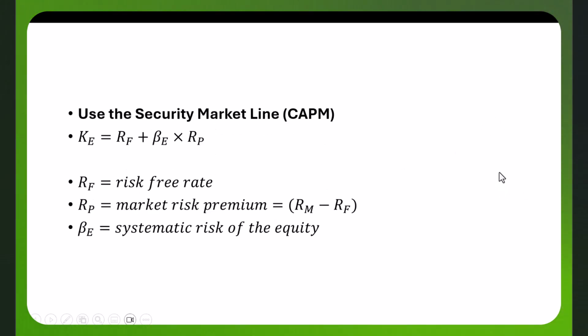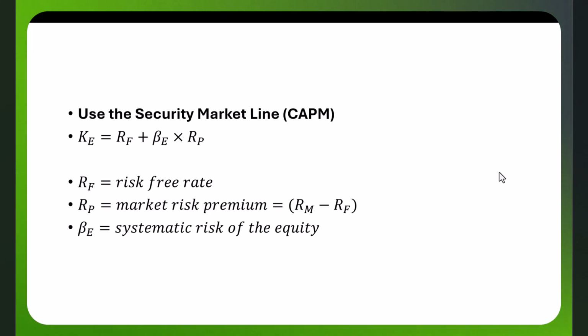Okay, the final approach we'll take here is to use the security market line. This is a model that relates the return that stockholders get to the risk-free rate and the risk they're taking times a risk premium.